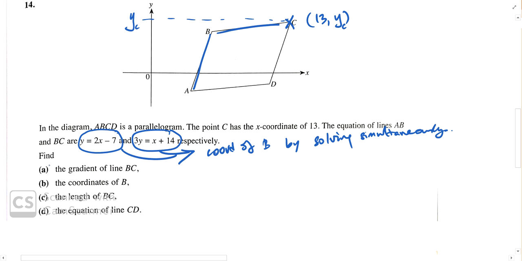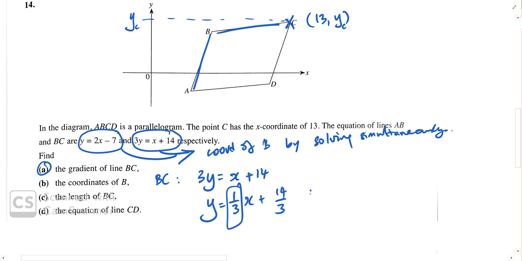Okay, so now the gradient of BC. Since the equation of BC is 3y equals x plus 14, rearrange this to become y equals mx plus c, so y equals 1/3 x plus 14 over 3. This will now be the gradient. Gradient of BC equals 1 over 3.